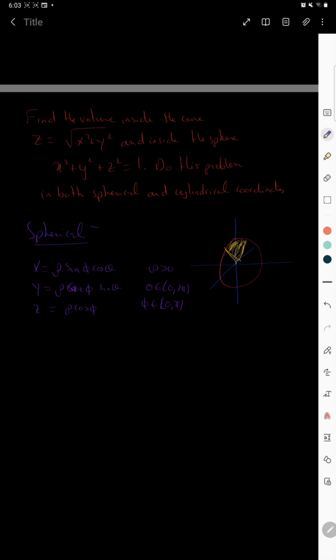Okay, we have seen before that this cone z equals the square root is equivalent to phi equals pi over 4.